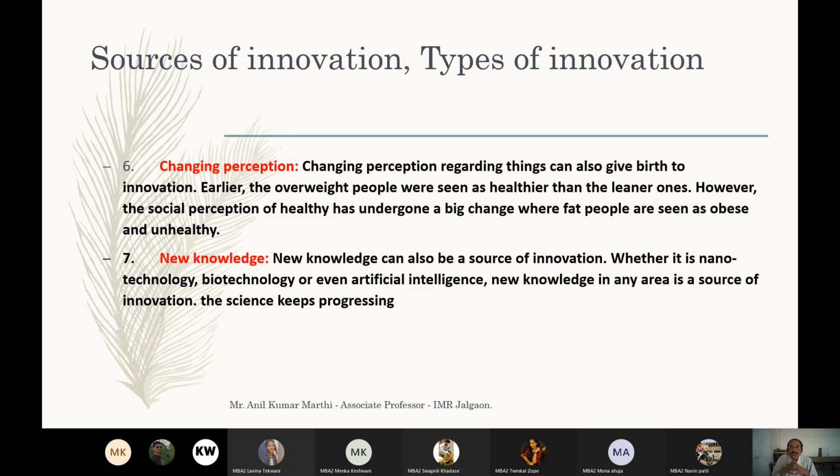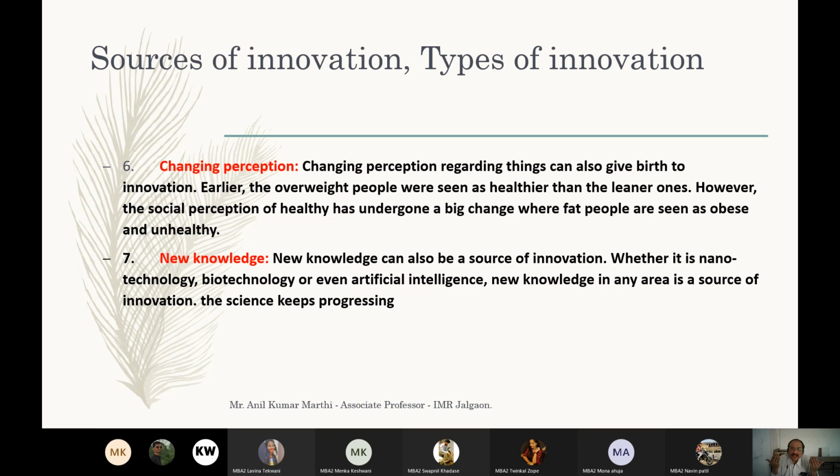Okay, the last one is new knowledge. New knowledge can also be a source of innovation, whether it is nanotechnology, biotechnology, or even artificial intelligence. New knowledge in any area is the source of innovation. The science keeps progressing. Okay, so new knowledge, it's also another source.